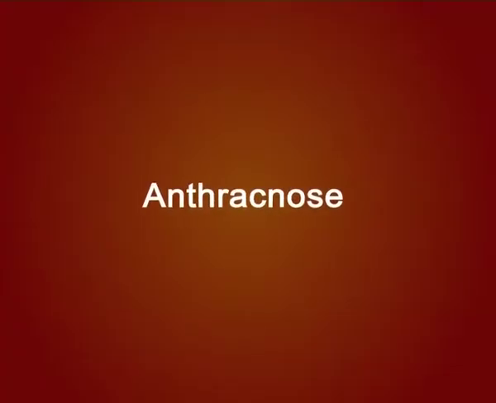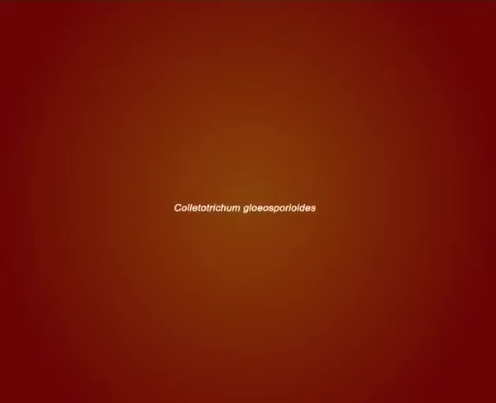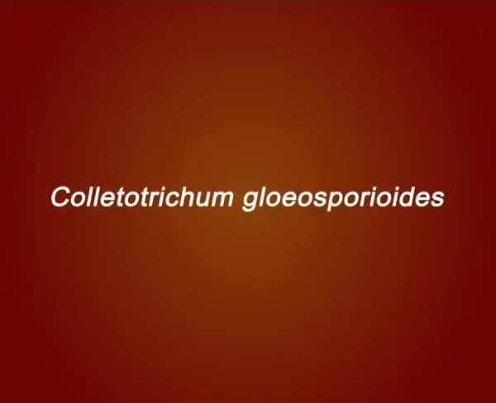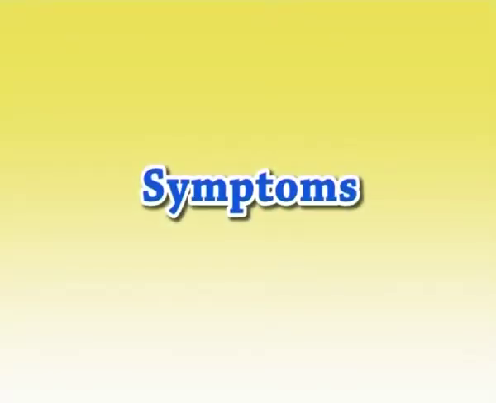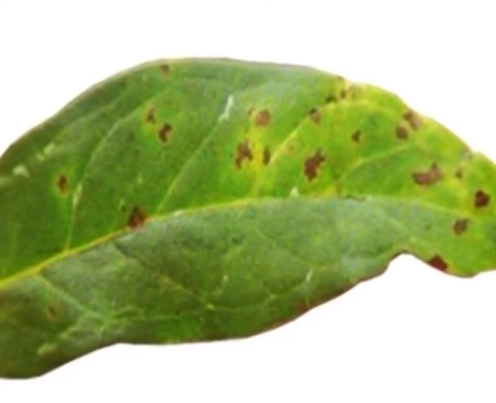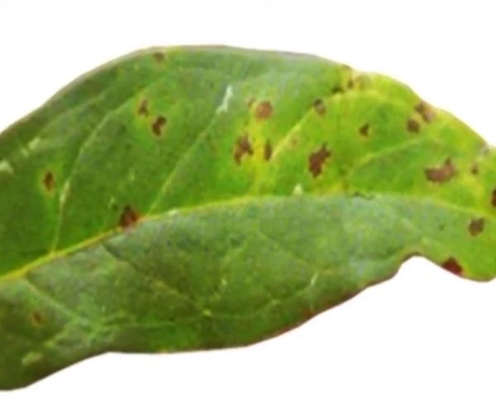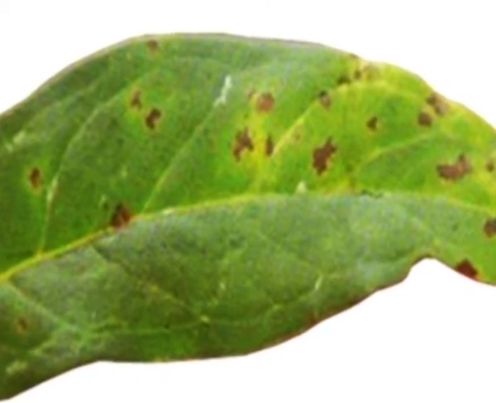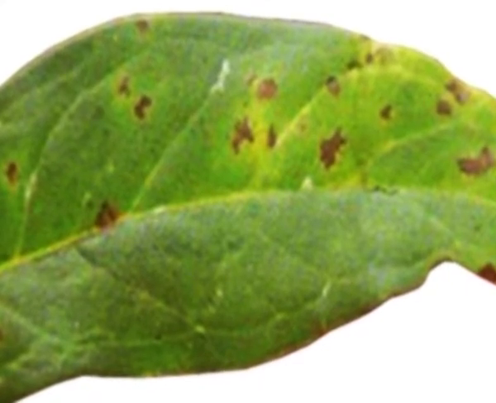Next disease is the anthracnose. It is caused by Colletotrichum gloeosporioides. The symptoms of anthracnose appear as small regular or irregular dull violet or black leaf spots with yellowish halos. Leaves turn yellow and fall off. Symptoms appear on flowers also.